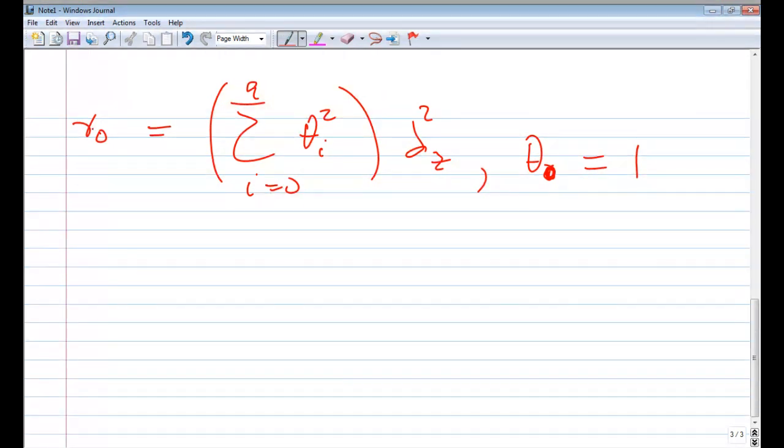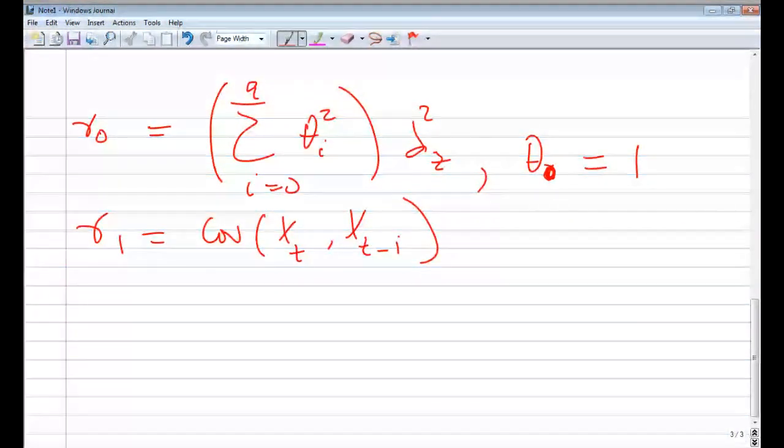Then from there, you continue to gamma 1. Calculate gamma 1. Gamma 1 is equivalent to the covariance of xt and xt minus 1. Okay, that's gamma 1, which is equal to the covariance of, what is xt?